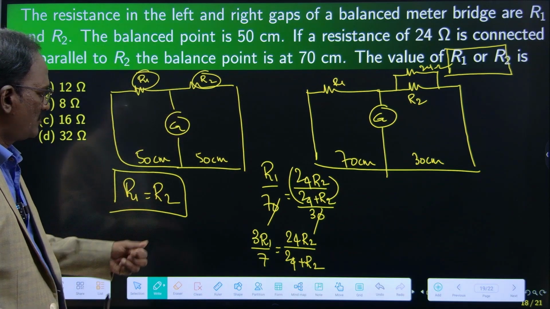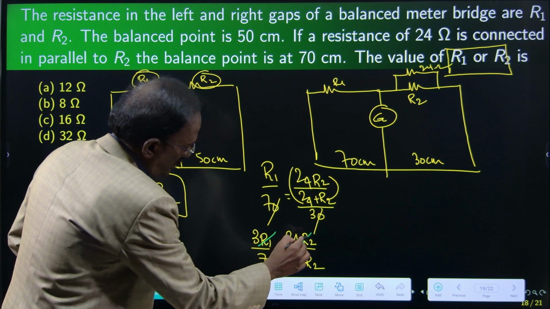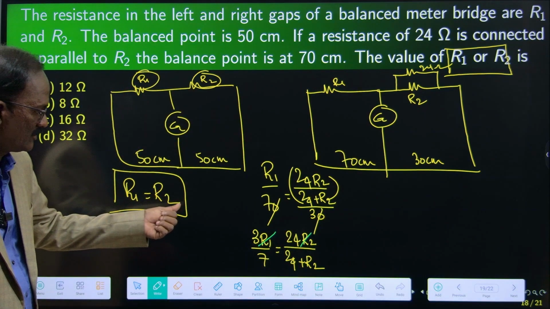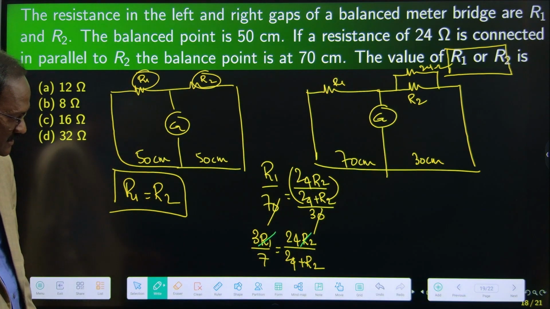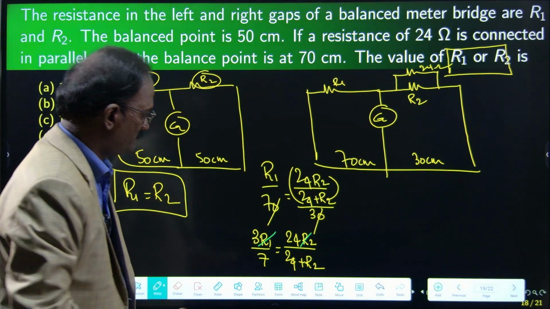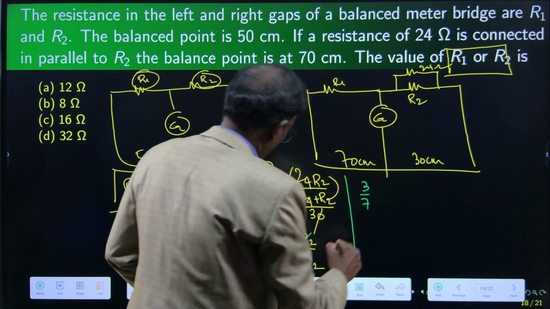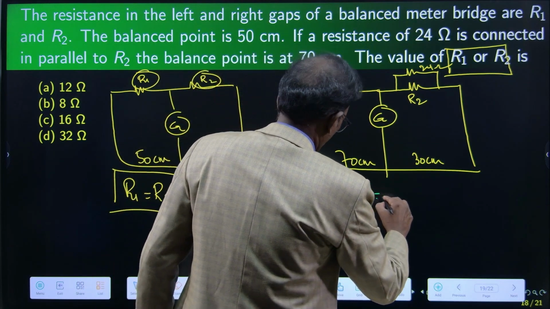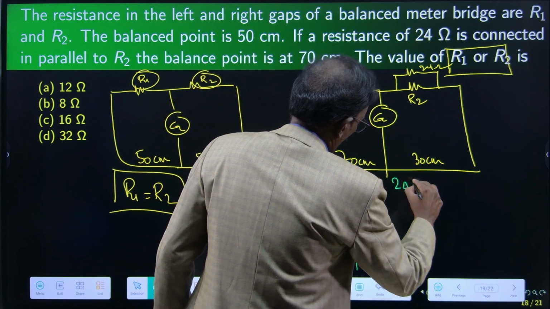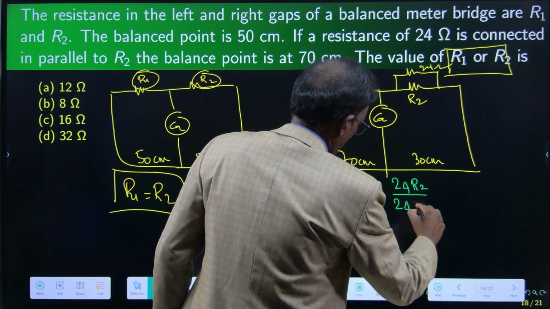Since R1 is equal to R2, we can remove R1 and R2. So this is 3 by 7, and the left hand side is equal to 24 R2 divided by 24 plus R2.